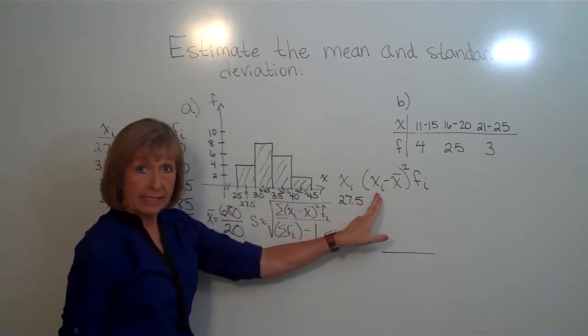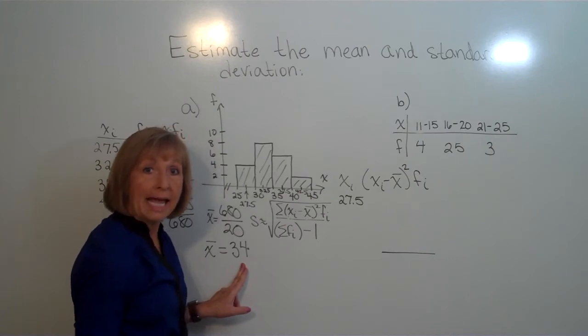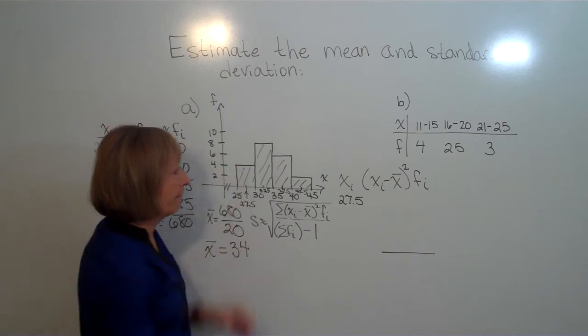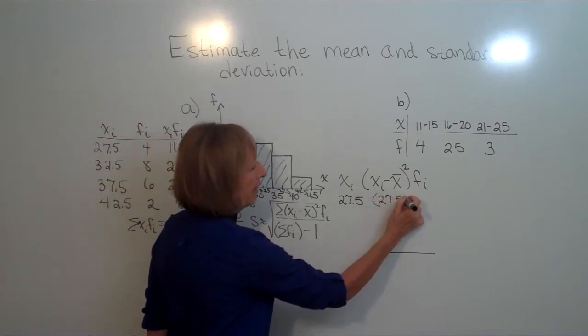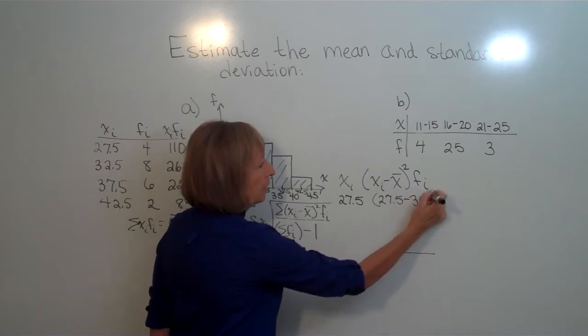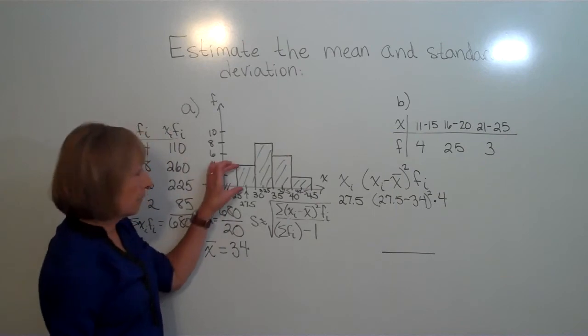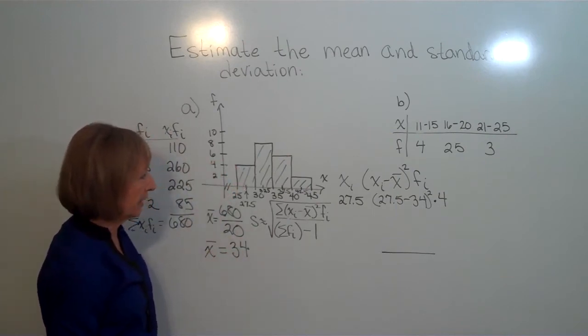Now when I take 27.5 minus 34 and I square it and then multiply that by 4, so I have the 27.5 minus 34 quantity squared times the 4. So we're just going to write that in, and then we'll just have the calculator go through the rest of the process with it.